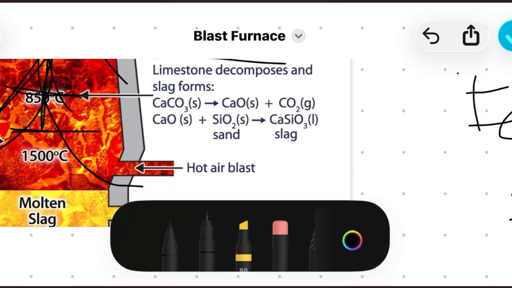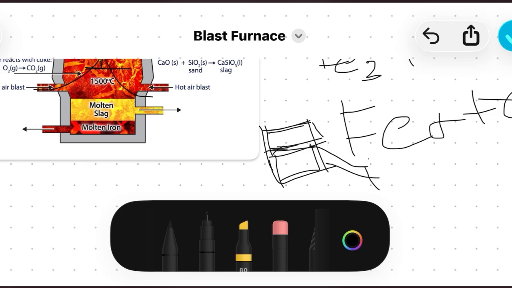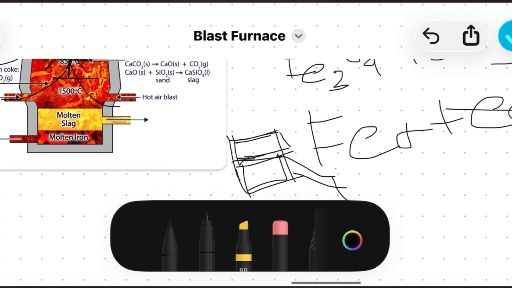So there is a density separation process. As we know, the dense material goes down and the material with lower density comes up. So in that process we tap the hot metal from the slag.